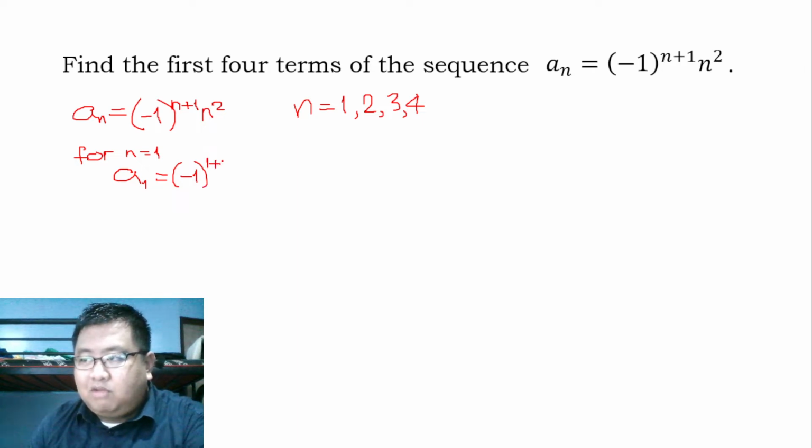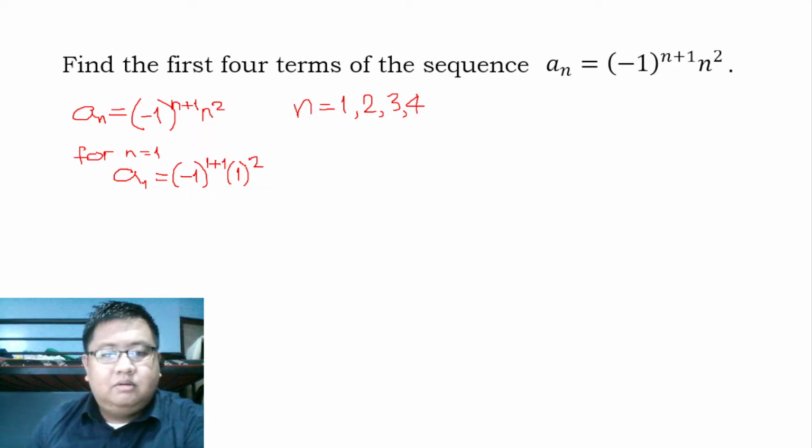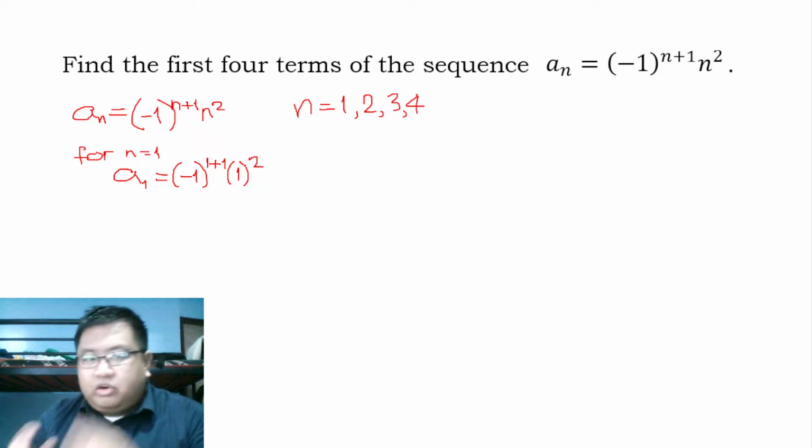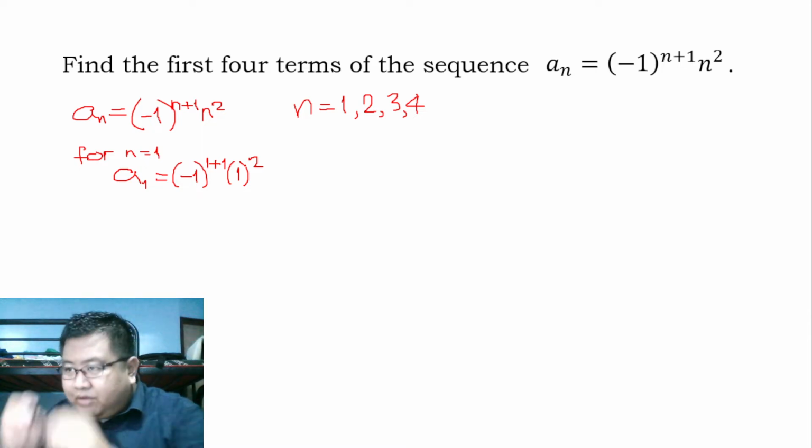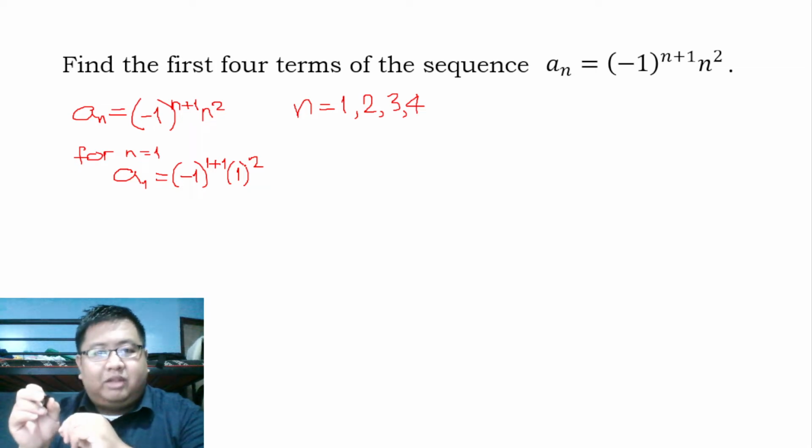Of course, the plus 1 will be copied. And then the n will be replaced by 1 squared. Make sure you have not missed any instance of that variable. Make sure that every variable in that formula you have already replaced with the given number, which is 1.